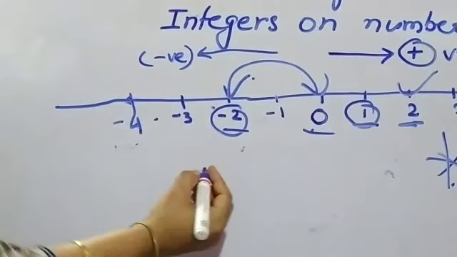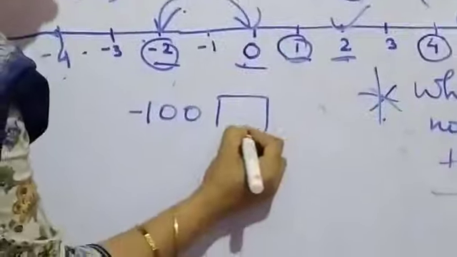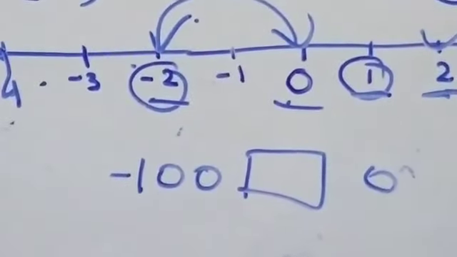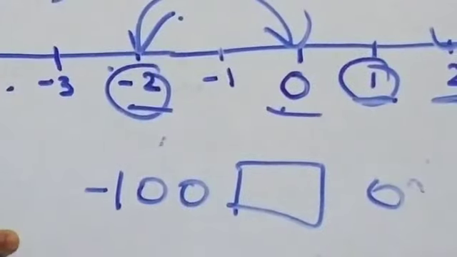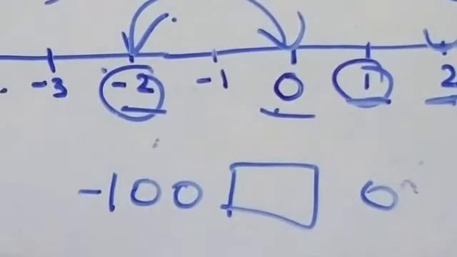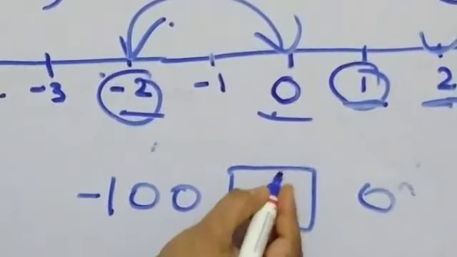I have written minus 100 and 0. Now tell me which is greater. Which is greater? Okay, my son is standing over here. He wants to tell. Tell me. Just tell the answer. 0.